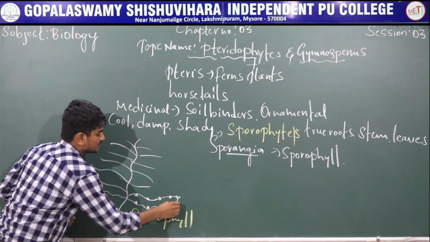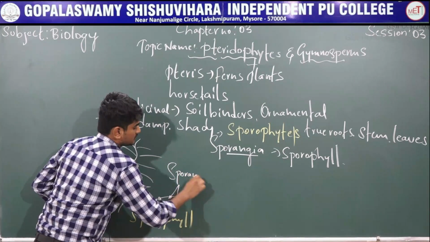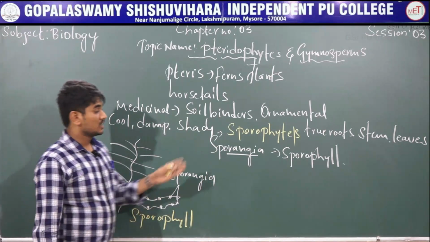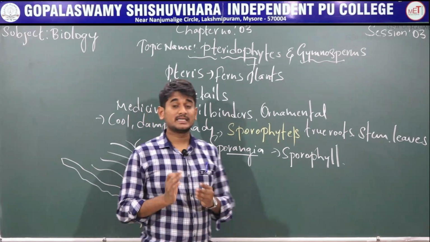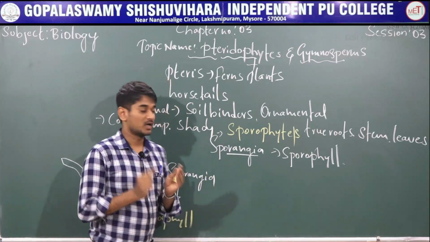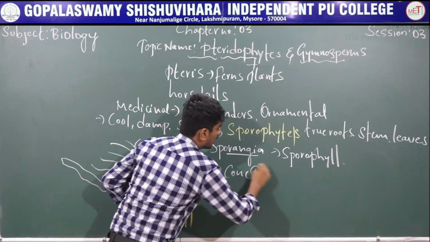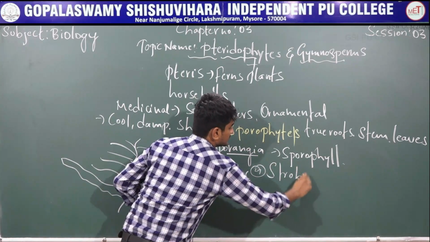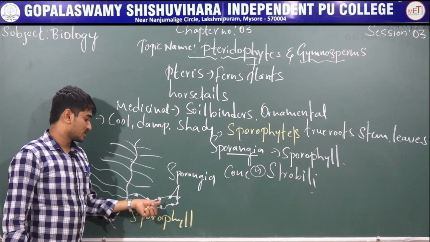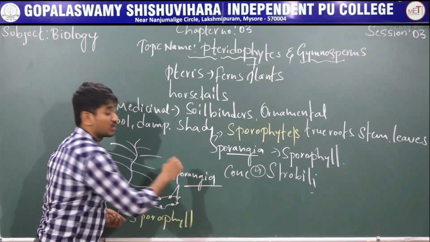Sometimes the sporophylls form a distinct compact structure called a cone or strobilus. The sporophylls contain numbers of sporangia, and these sporangia release a number of spores.